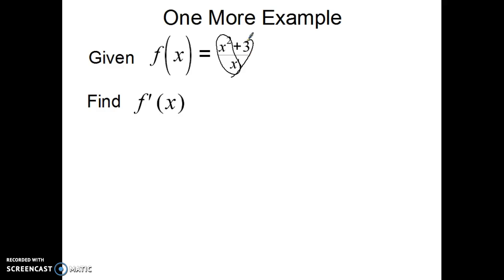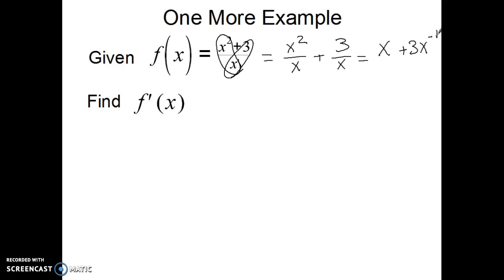We're going to split this up into 2 fractions. So our first fraction is going to be x squared over x, and our second fraction is going to be 3 over x. Now x squared over x we can simplify to just x, and 3 over x we're going to want to write in x to the n terms. That will be 3x to the -1.